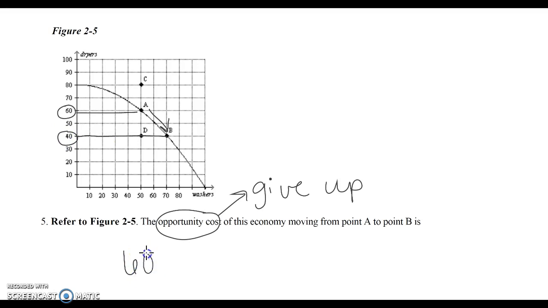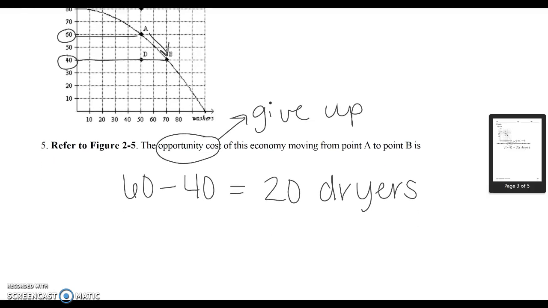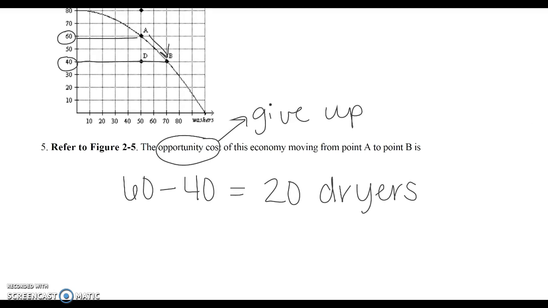So we had 60, we now have 40, we gave up 20 dryers. And it is important that you say that it is 20 dryers, because if you're looking at this example, you actually gained washers, you didn't lose them. So the opportunity cost is actually giving up 20 dryers and not 20 washers. And that's going to be one common wrong answer, is to put washers instead of dryers.